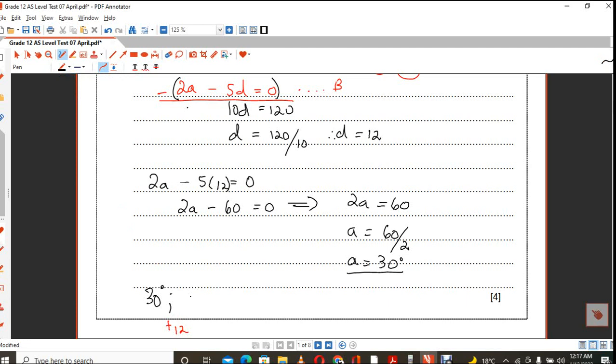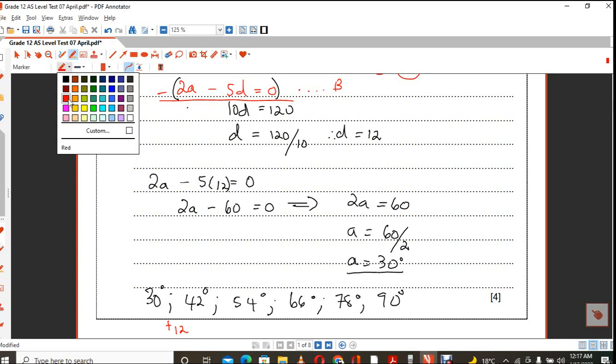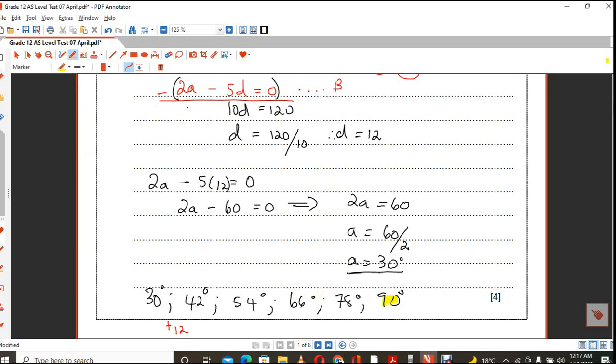So 30 degrees adding 12 gives you 42 degrees, adding another one gives you 54 degrees, adding another 12 will give you 66 degrees, adding another one will give you 78 degrees, and the last one will be 90 degrees. And you can see from our information that 90 is 3 times the first one. Anyway, these are the solutions to the question.